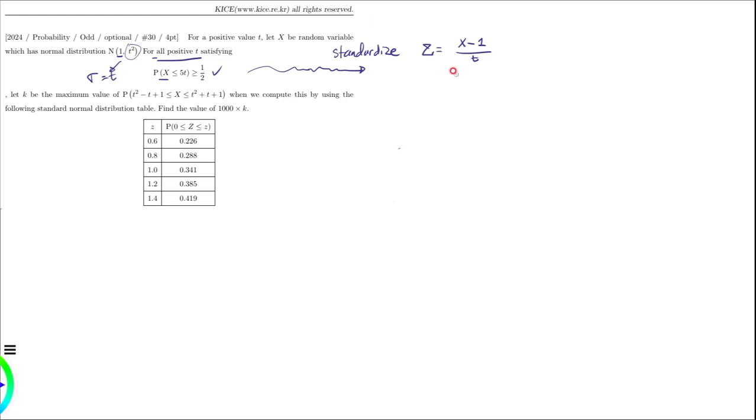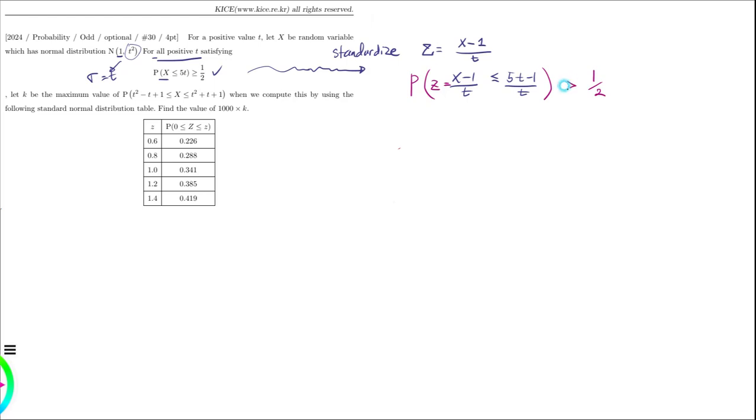In this case, x minus 1 corresponds to 5 times t over 1 over t here. This is our random variable z.